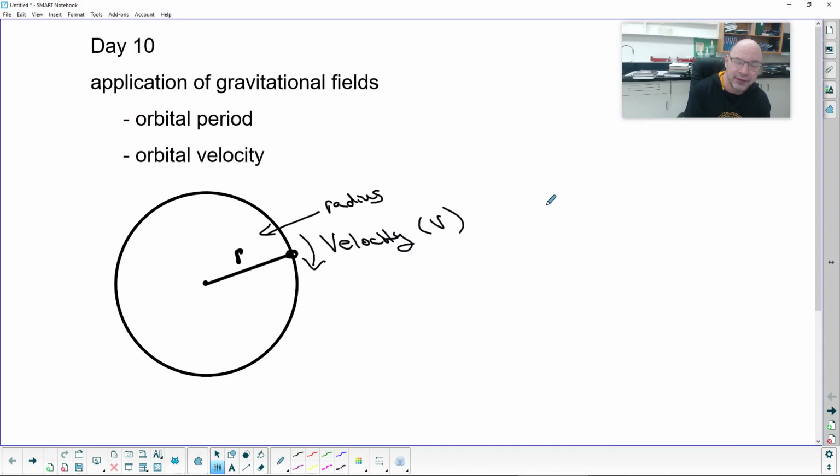So you can get centripetal acceleration, we'll call it AC, which is a vector, and that's basically equal to the square of that velocity on the edge over the radius. So the smaller the radius, the higher the acceleration is going to go, right? The larger the velocity, the higher the acceleration is going to go. So we call this the circular acceleration, or centripetal acceleration.